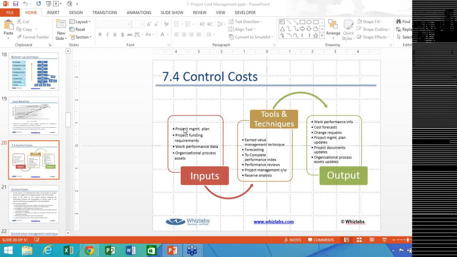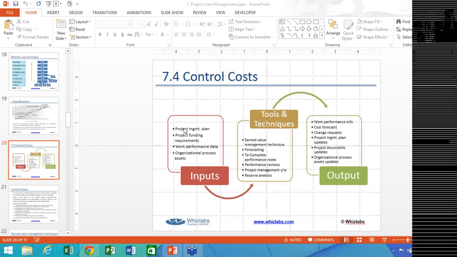To address that deviation, we need to make changes in the schedule or in the cost, which in turn impacts our cost baseline.